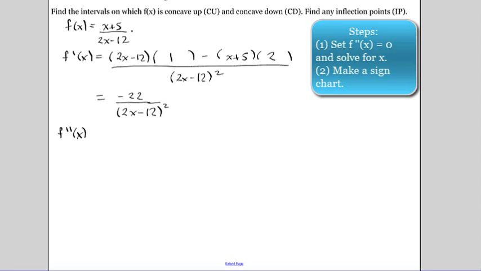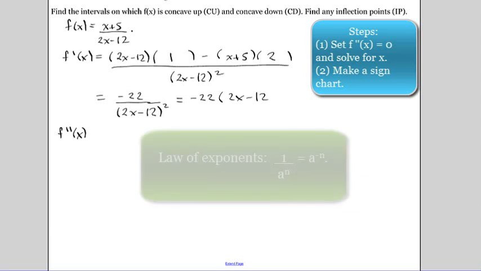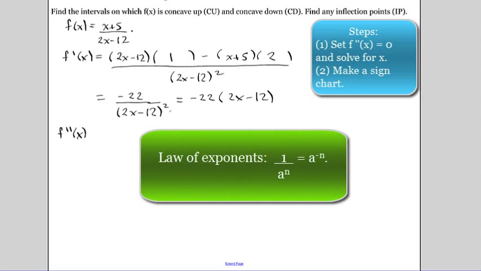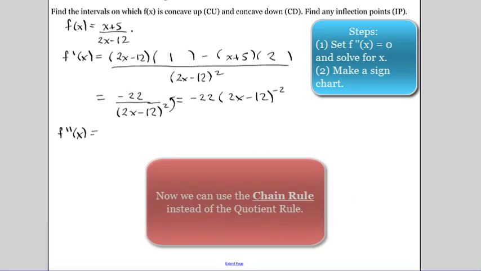Now we need to take the derivative of this to obtain the second derivative. You see a quotient, so we could use the quotient rule, but actually there's another nice trick we can do. We can move the bottom, 2x minus 12, to the top by negating the exponent. This is a nice way to rewrite it when the top is just a number, like having negative 22.